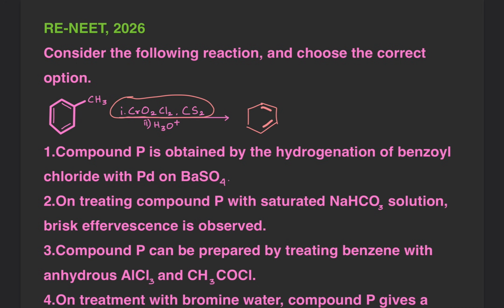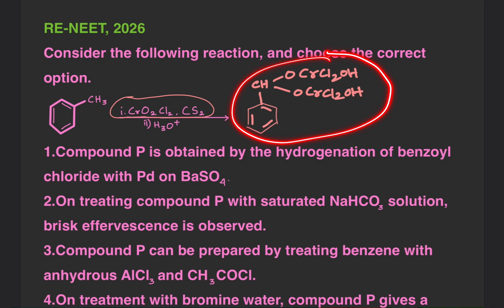benzene ring, CHO, CrCl2OH and OCrCl2OH. Okay, so this is the brown colored chromium complex.